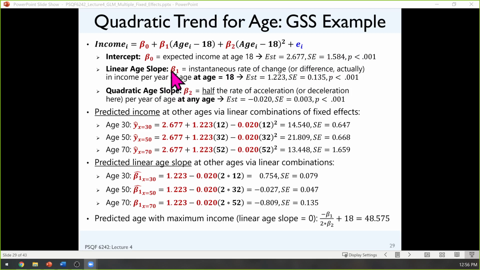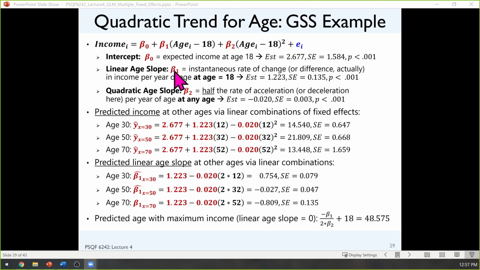The linear age slope. So this is the tricky one. A slope is always the change in y for a 1 unit change in x. But because this is the slope of a predictor that is also involved in an interaction term, because there's age and age squared, it is insufficient to say that this is the effect of age.